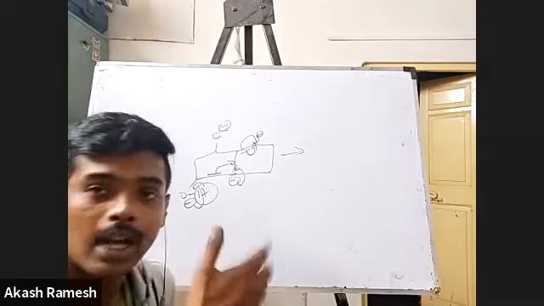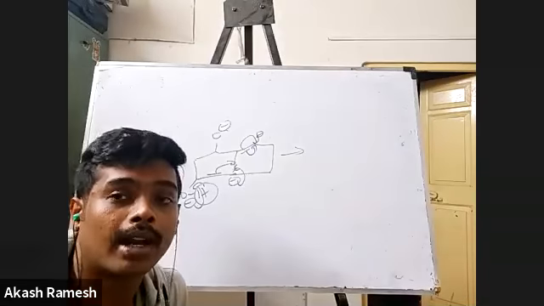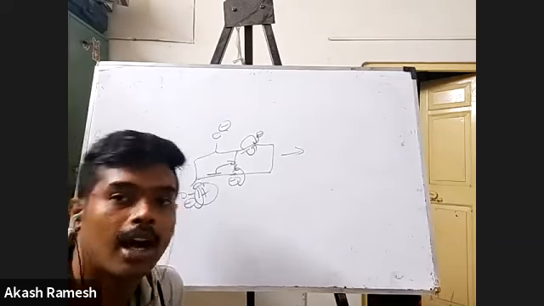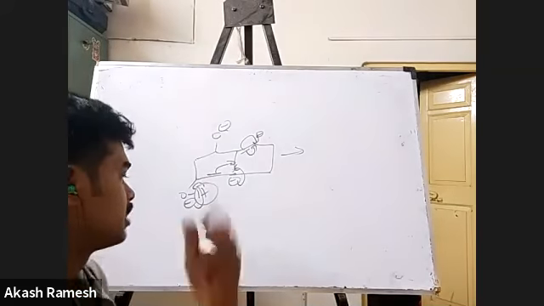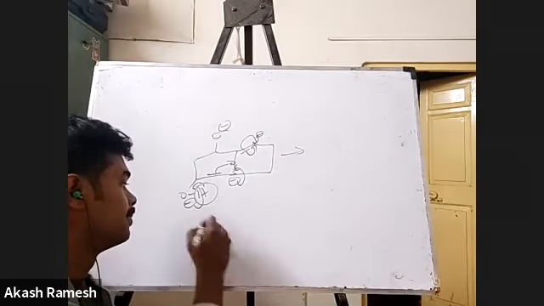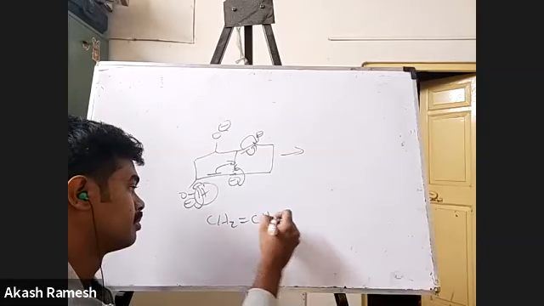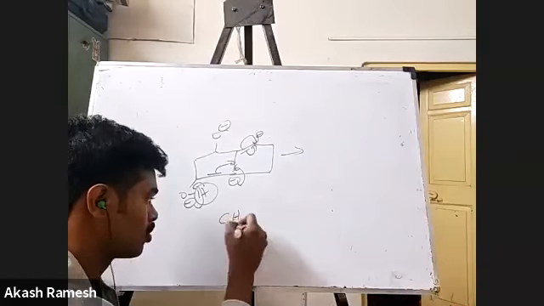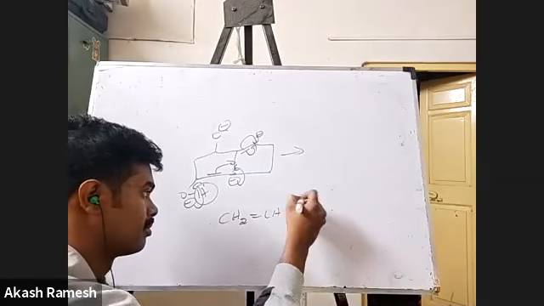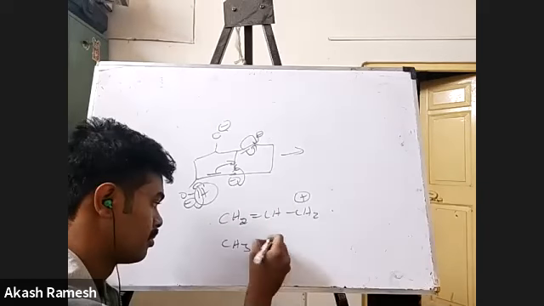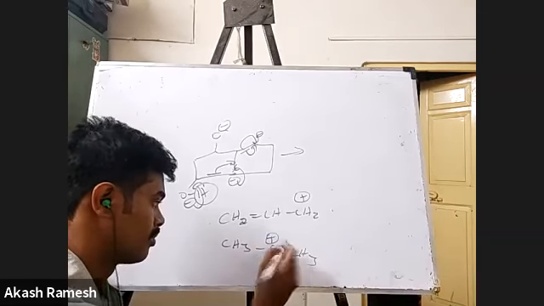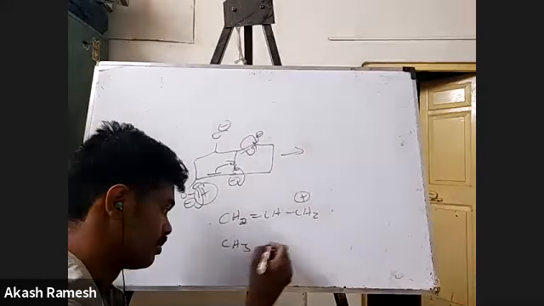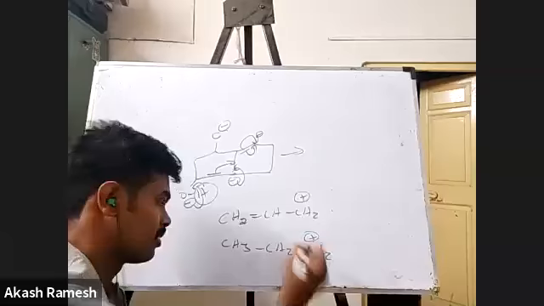Okay, now if I go for carbanions and carbocations stability, free radicals I will not be able to use it for, but I'll be able to use it for carbocations and carbanions. So if I have to do that, I'll take a smaller example, something like this.